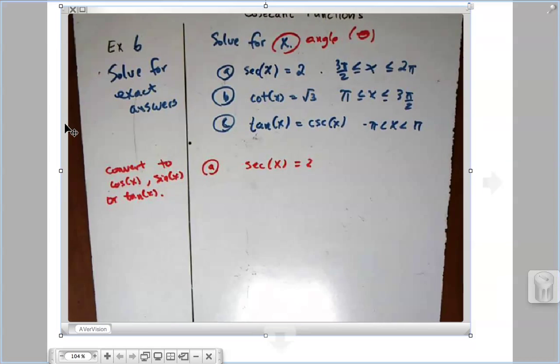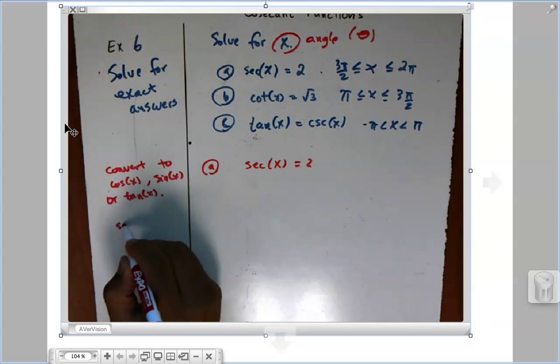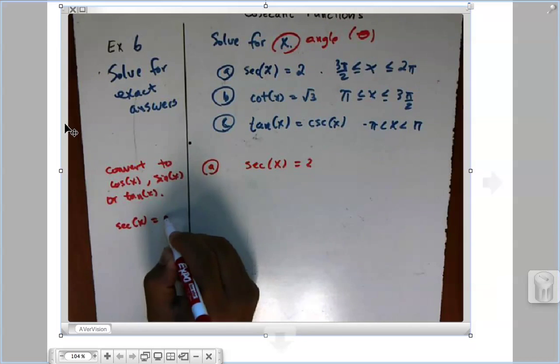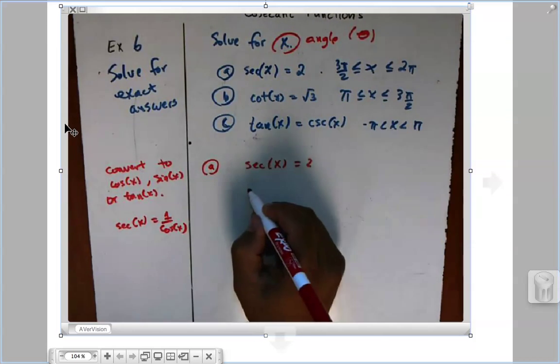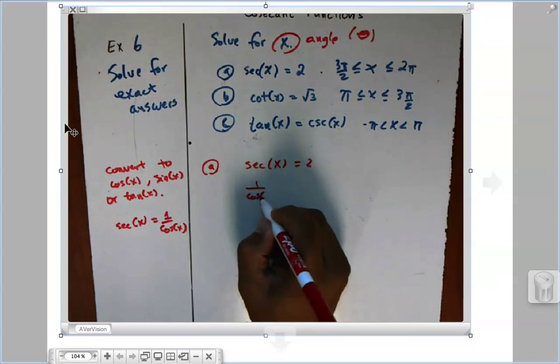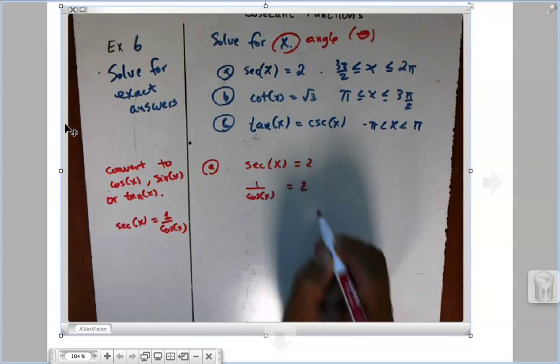Well, in this case, just remember that secant is really equal to 1 over cosine. So I can say that this is 1 over cosine of x is equal to 2.